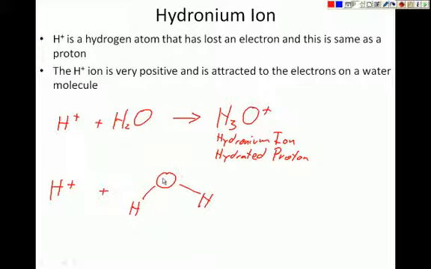Now, water has a couple of electrons on the oxygen part right here, and these electrons, of course, are very negative, and this proton or hydrogen ion is attracted to these electrons, and it then forms something that looks like this.